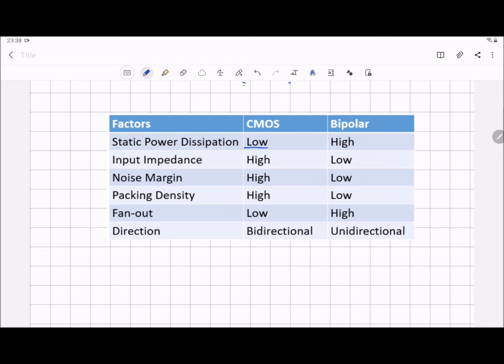MOS transistors are bidirectional, meaning source and drain can be interchanged, or alternatively, it is the voltage on the terminal which decides whether the terminal is source or drain, and hence they can be fabricated with minimum size and offer high packing density. Whereas the emitter and collector dimensions are not the same. The collector terminal is slightly bigger than the emitter, and hence they cannot be interchanged. So BJT offers low packing density compared to CMOS logic.